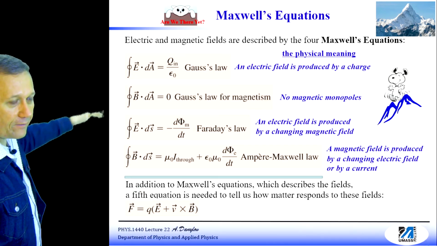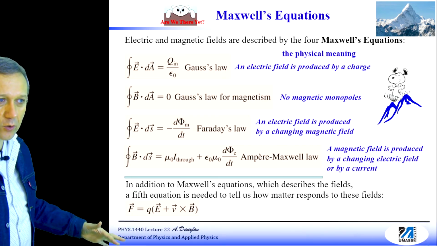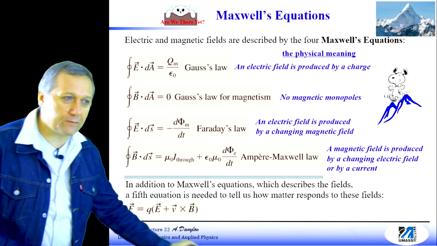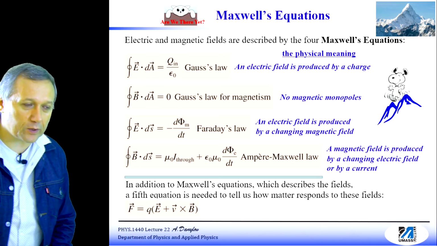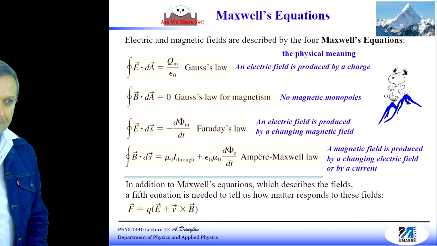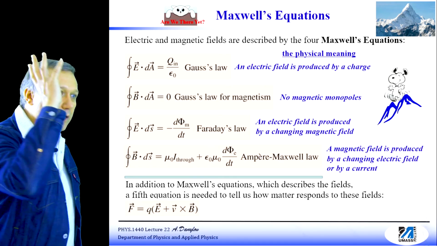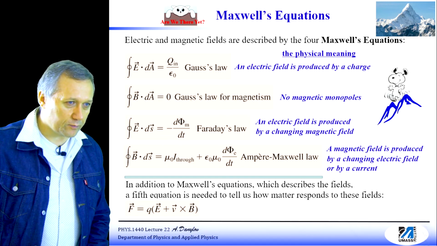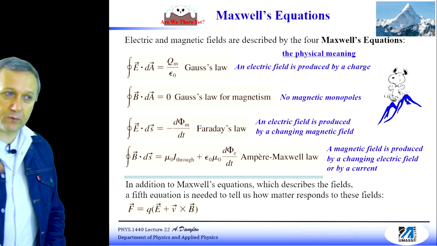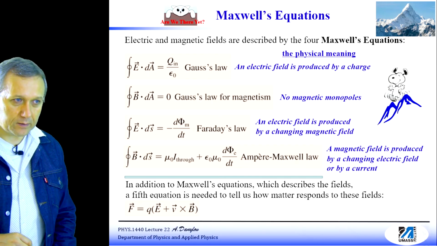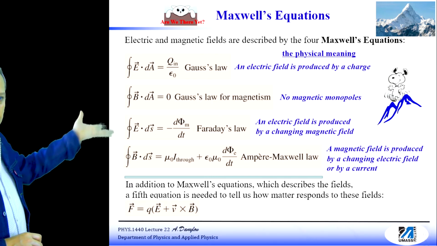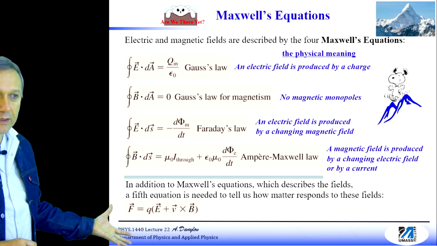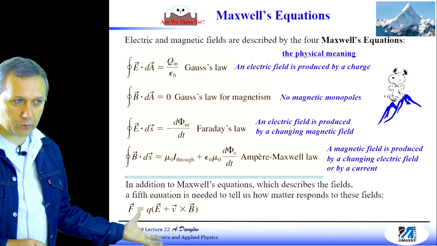So these 5 equations form the foundation of electromagnetism. It's a true foundation. So far, no one has ever found any phenomena where these equations would fail to work. It means that using these equations, you should be able to describe any electromagnetic phenomenon in the universe. Four equations describe how we can find the electric and magnetic fields, and then how those fields interact with the material, with the world.